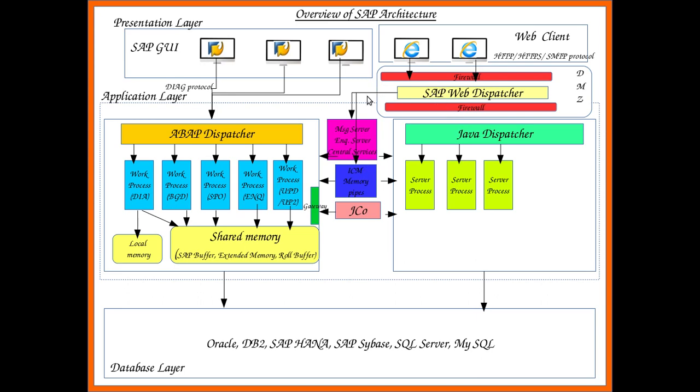Now once the request comes from the SAP Web Dispatcher to ICM, if the request requires processing ABAP code, then it is forwarded by the ABAP handler to the ABAP dispatcher. If it is for Java code, then it forwards via the Java handler to the Java dispatcher.